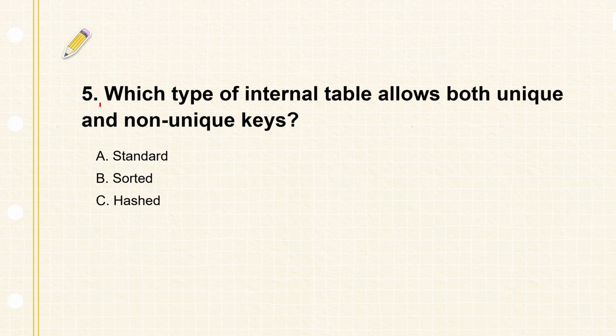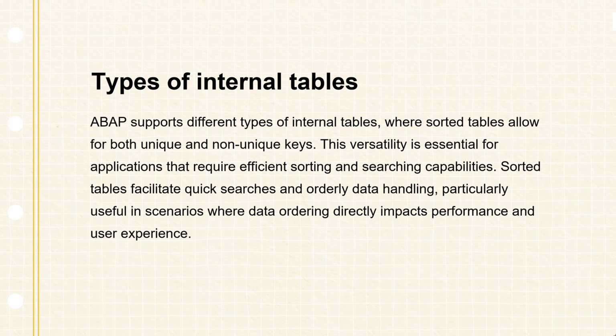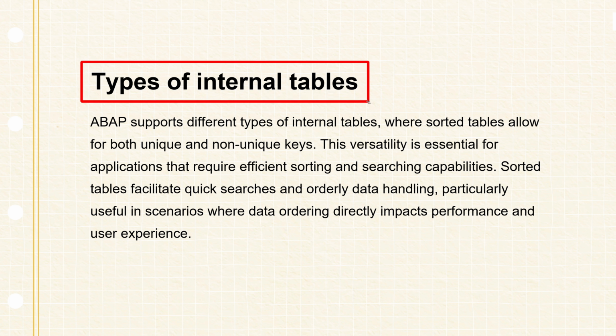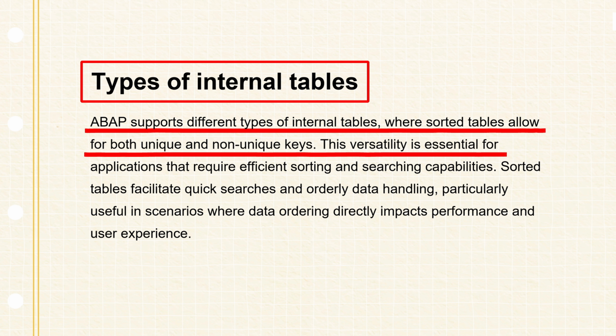Question 5. Which type of internal table allows both unique and non-unique keys? The knowledge points of this question are types of internal tables. In ABAP, sorted tables can handle both unique and non-unique keys, which is great for when you need to keep data in order and search through it efficiently.